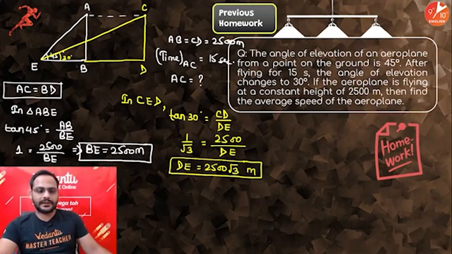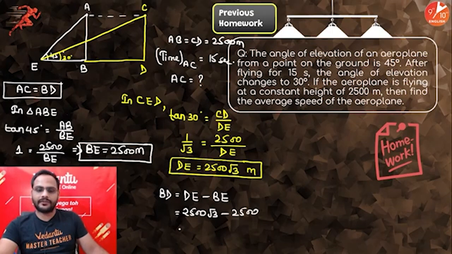Now let us discuss the distance BD. The distance BD will be equal to DE minus BE, which is 2500 root 3 minus 2500. This is 2500 times (root 3 minus 1).